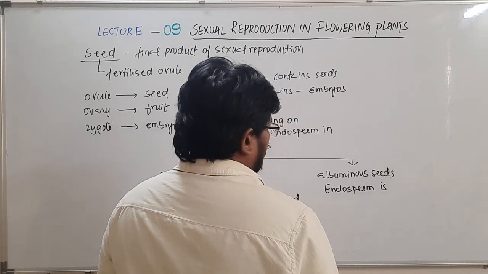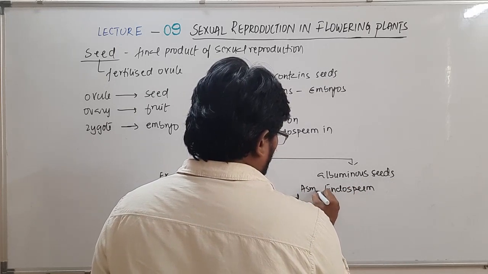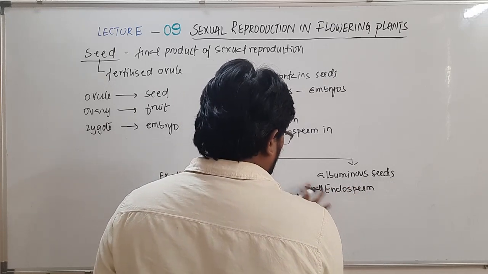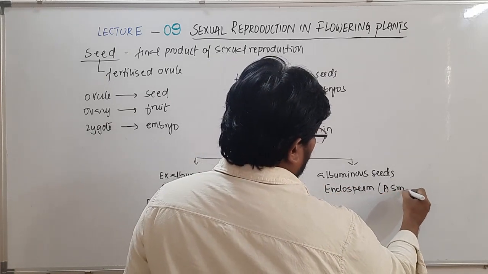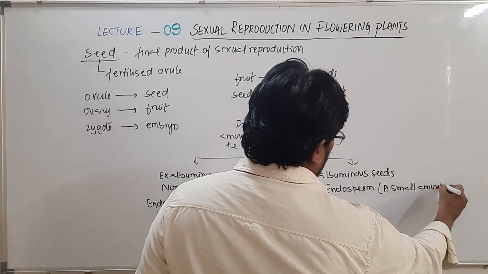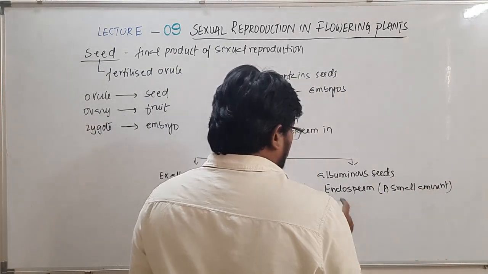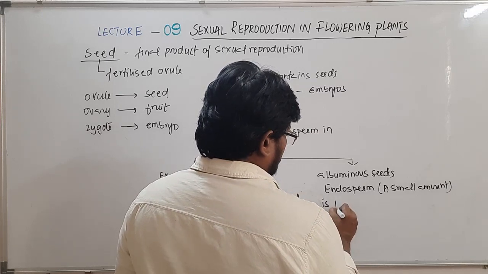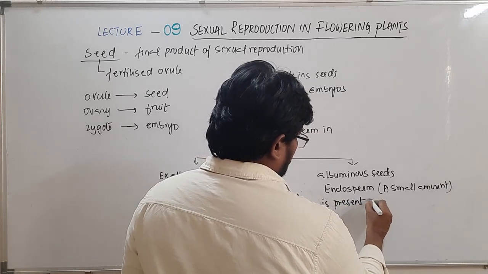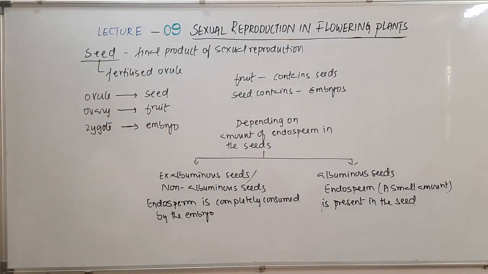So I can say a small amount of endosperm is present in the seed. That is the condition we call albuminous seeds.